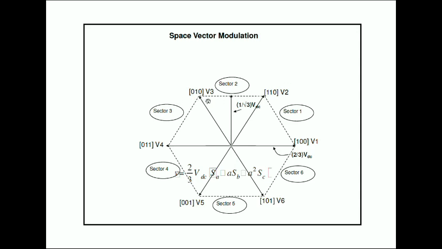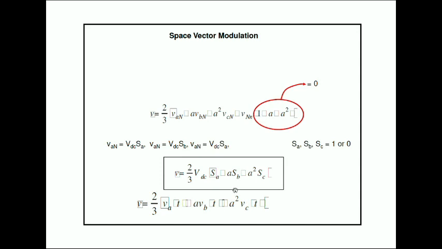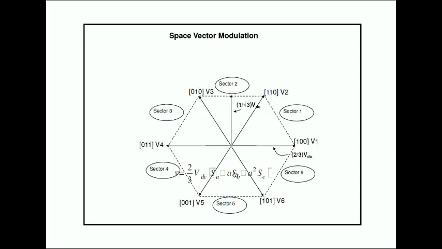010 means only SB is active, that is SB is 1, and both the others are 0, then the vector will be in the direction of A. When only SC is active, this is your vector. Then V is equal to 2 by 3 VDC (SA plus A SB plus A square SC). In that, these two are 0, then 2 by 3 VDC into A square SC will be there.